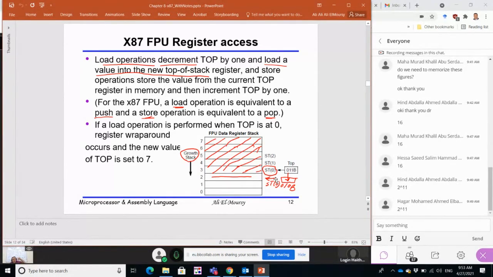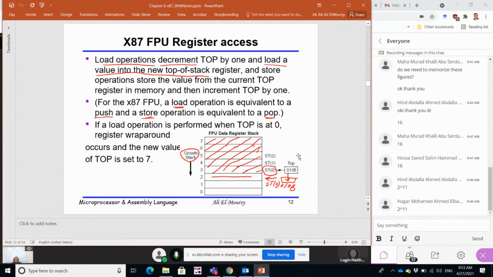Its name is ST0. When I say ST0 in my instruction, I am talking about the top of the stack. When I'm talking about ST1, that means this is the previous register to the top. ST2 is the previous one, and so on.